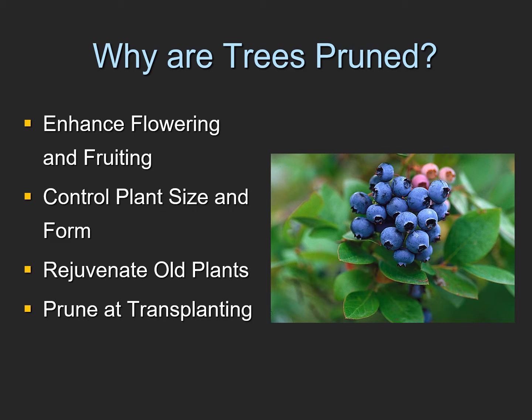Also to rejuvenate old plants and to get some new growth in there and make the plant look really nice again. And then you want to prune at transplanting just to make the top of the plant match the root system, so you've got a balance, so to speak, between the root system and the top, so we can reduce the amount of transplant shock.